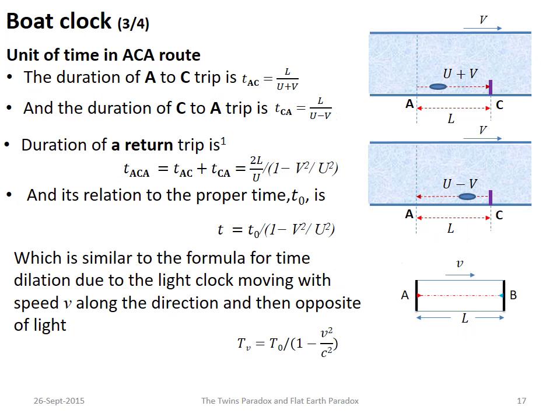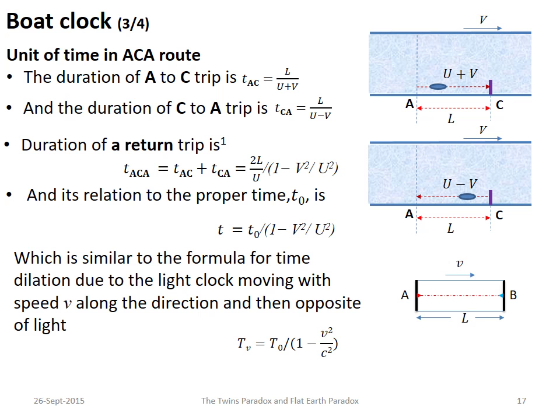What if the boat goes to point C downstream and then comes back to point A again? In this case, the duration of the A to C trip is equal to L divided by u plus v, and the duration of the C to A trip is equal to L divided by u minus v.